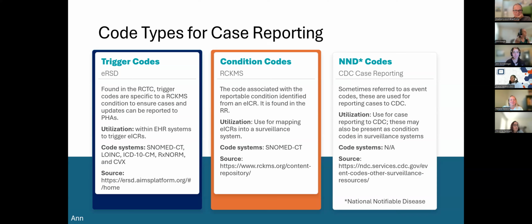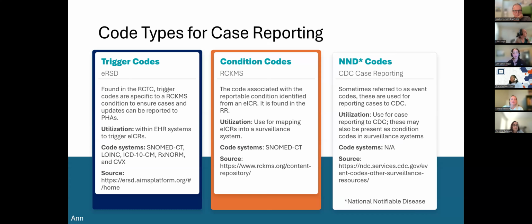Perfect. Thanks, Natalie. We're gonna do a little more life cycle with some of the codes here. So Natalie has mentioned the trigger codes, and again, those trigger codes are in the RCTC that are implemented within the EHR system for a healthcare organization. Those codes again are specific, and they're what send the eICR to RCKMS to look for a reportable condition.